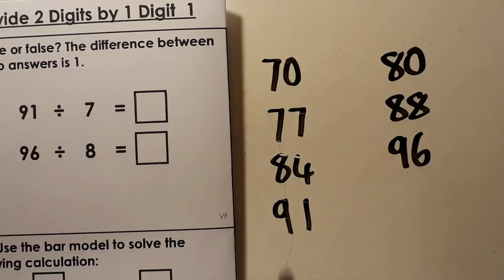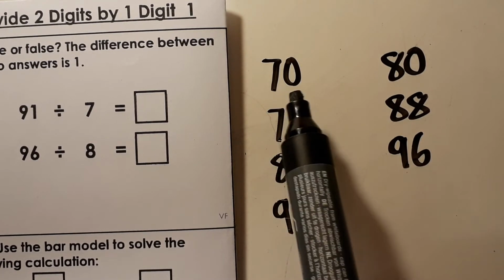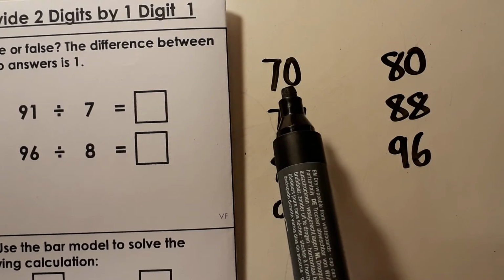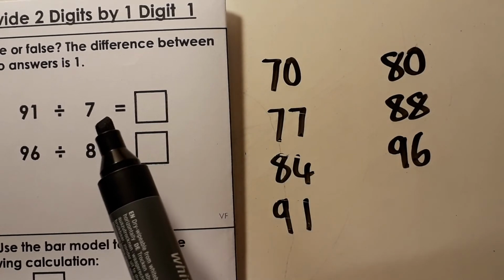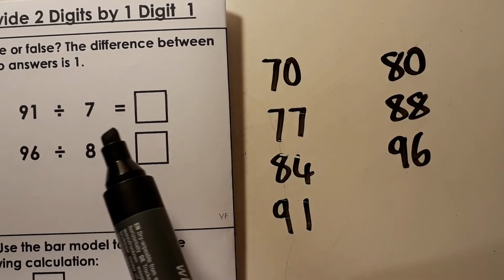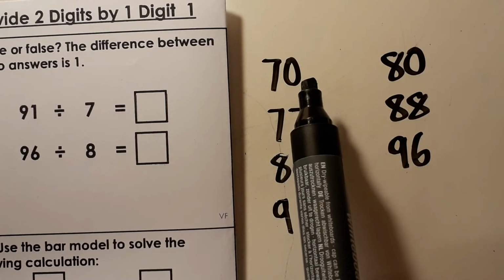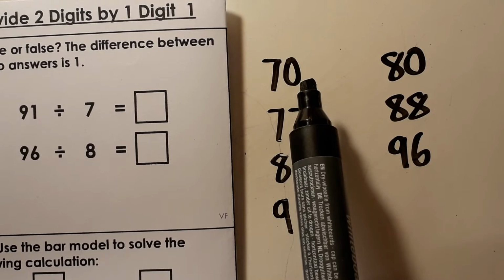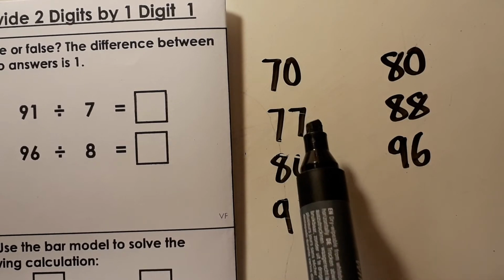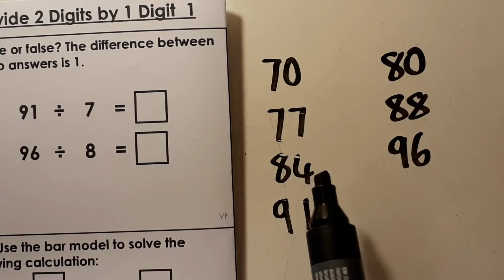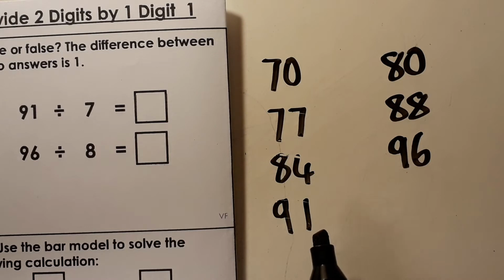Now I have decided to go from my multiple of 10 because I can see straight away that 91 is greater than 10 groups of 7. So I've gone 70, 77, 84, and then I've added another group of 7, and that's given me 91, so there is no remainder.